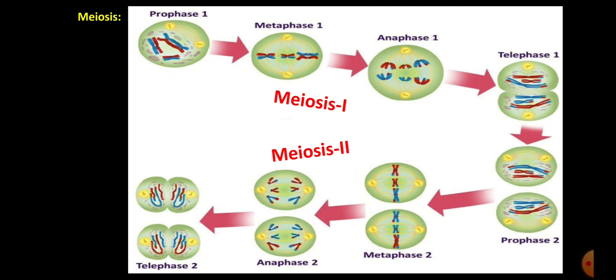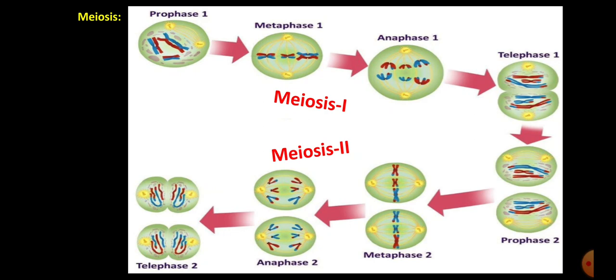Now, meiosis is not given in detail in your syllabus. Okay, you have to just study in short that meiosis is divided into two steps, meiosis 1 and meiosis 2. In meiosis 1, the recombination or crossing over takes place between the homologous chromosomes and they are divided into two haploid cells.